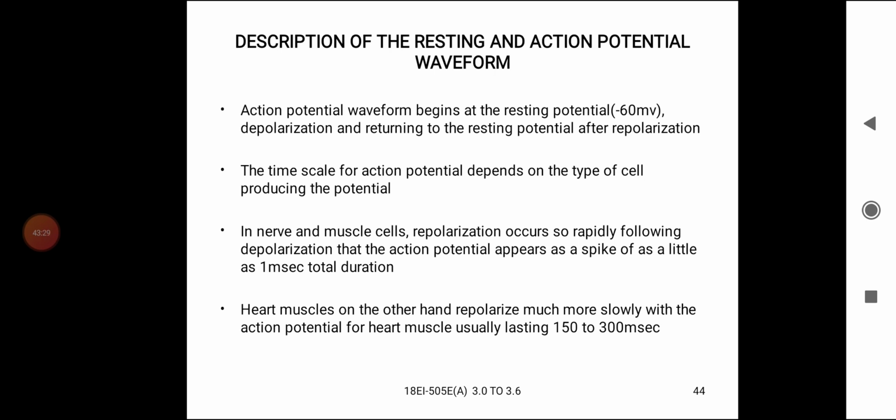In nerve and muscle cells, repolarization occurs so rapidly following depolarization that the action potential appears as a spike of as little as 1 millisecond total duration. The heart muscles, on the other hand, repolarize much more slowly, with the action potential for heart muscle usually lasting 150 to 300 milliseconds.